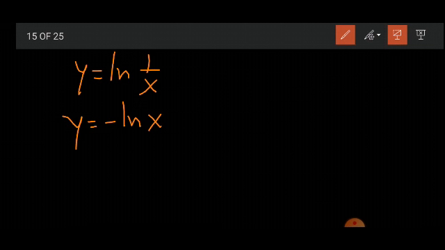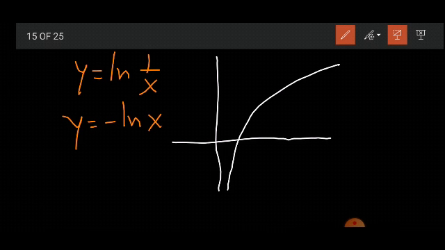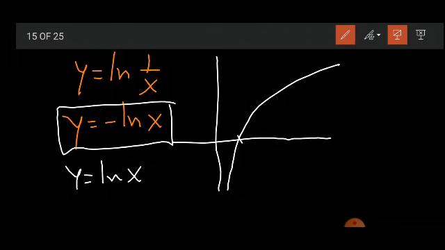So let's draw y equal to ln x here. This is y equal to ln x, which we have drawn. Now how to draw y equal to minus ln x? We have to take the mirror image with respect to the x-axis, and here this is the y-axis.